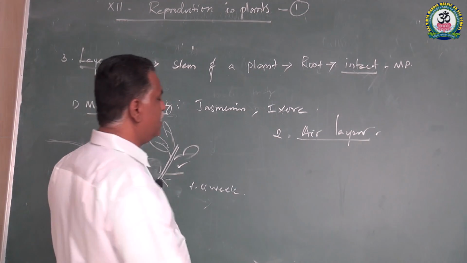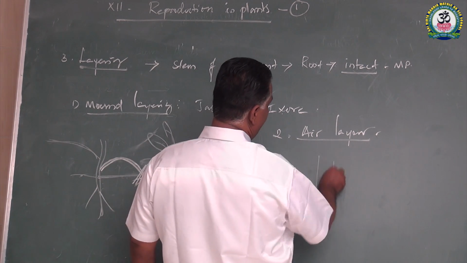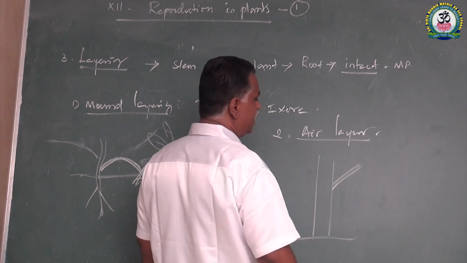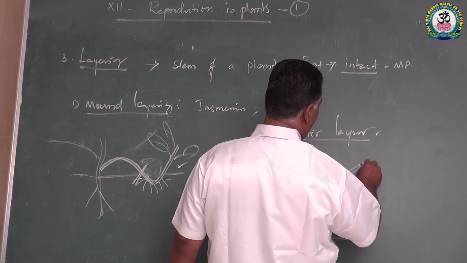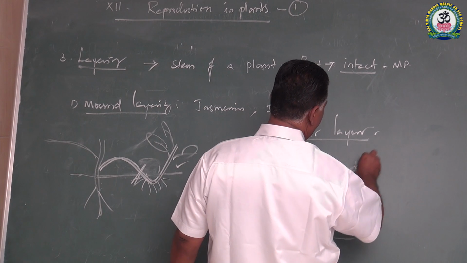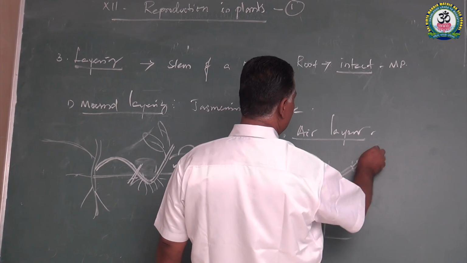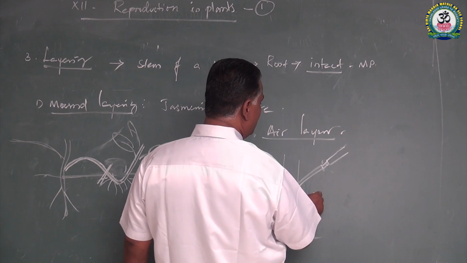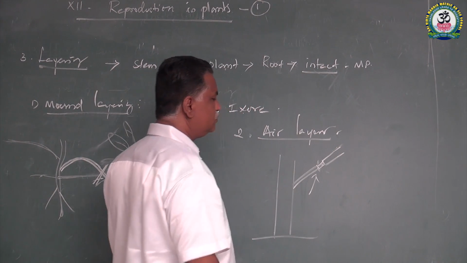So air layering is done. If there is a woody trunk with branches, a branch is taken, and at the nodal region the bark is removed like this, and the vascular tissue is there, and over that growth hormones are sprayed.